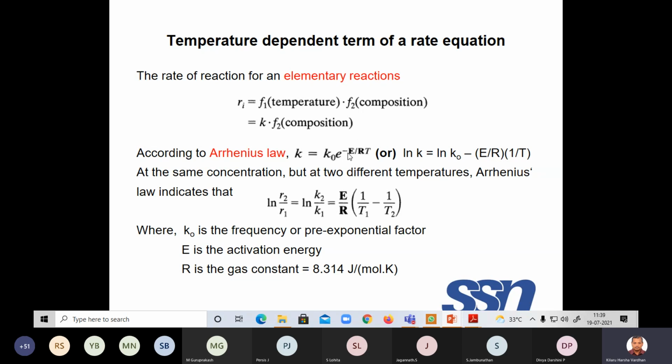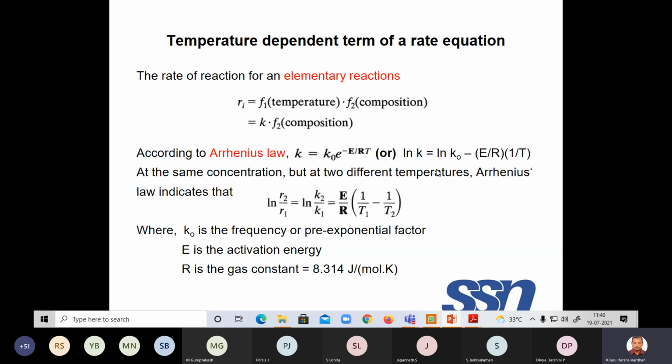Log of e power A is A. So this becomes minus E by R into 1 by T. If you take a log, the log of e becomes nullified, therefore you are only left with the power term, that power minus E by R T.